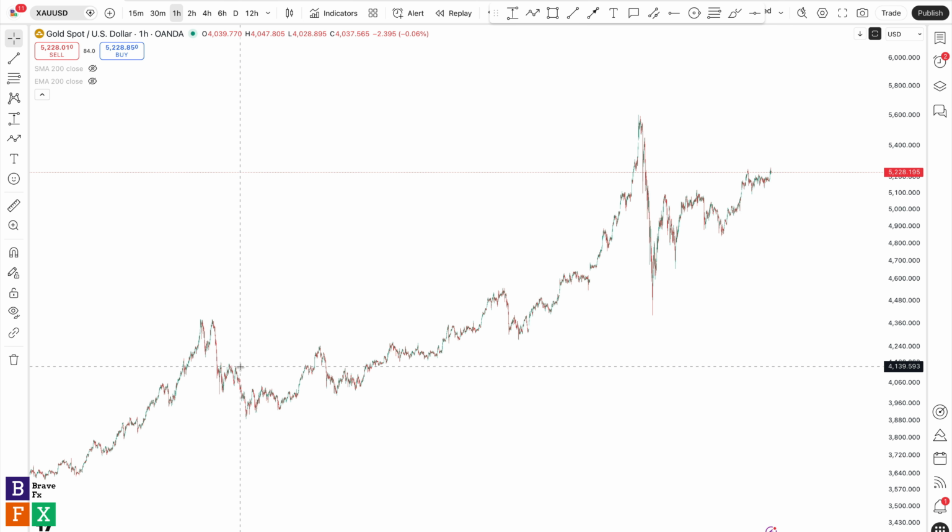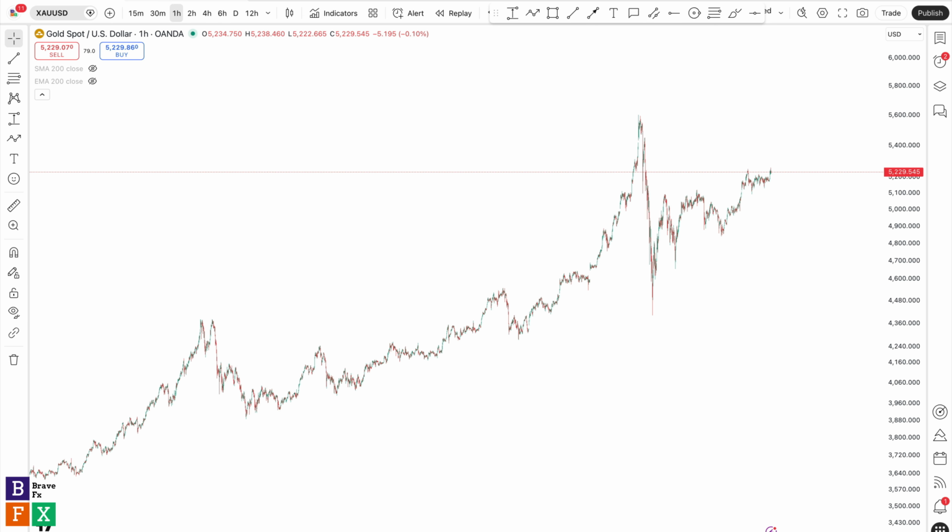But the point is, the first and easiest way to identify market structure is simply zooming out your charts. When you zoom out, you can clearly see the direction of the market. That gives you an insight as to the type of trades you want to take. Your first priority when you see a chart like this is to look for opportunities to go long. I don't mean just opening a chart and going long immediately, I mean looking for opportunities to go long.